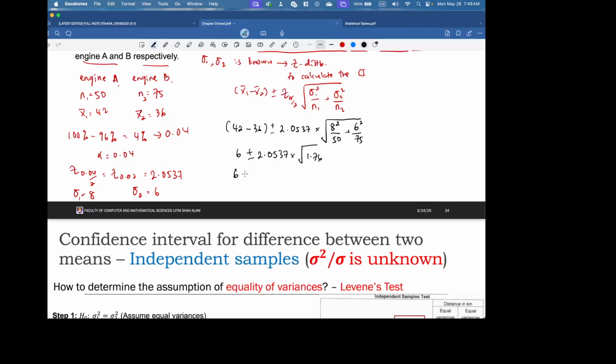Further calculating, you will get 2.7245.